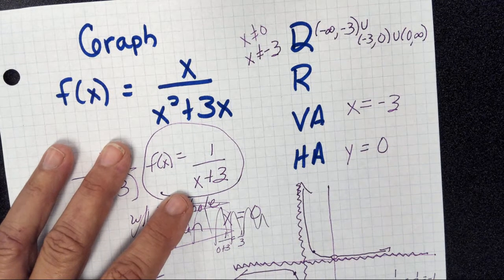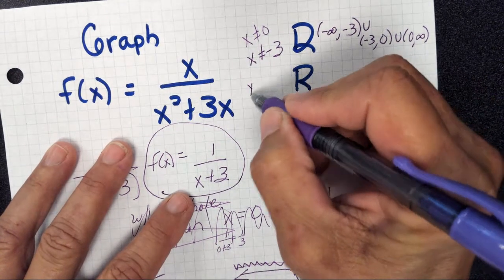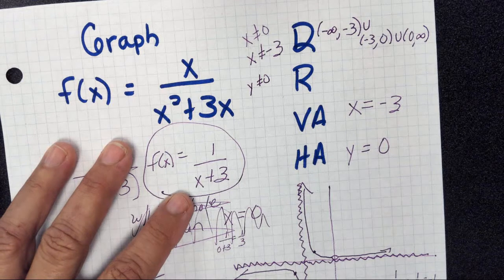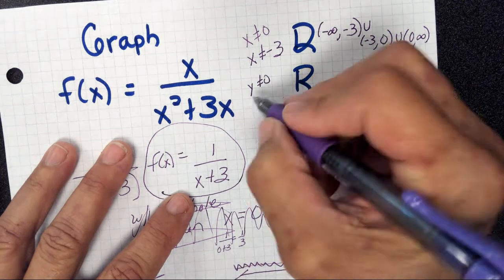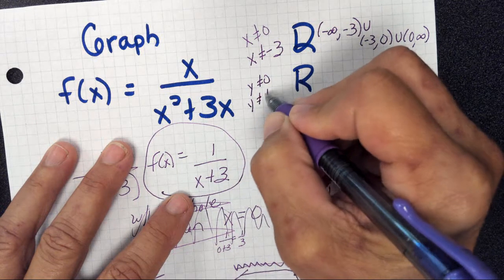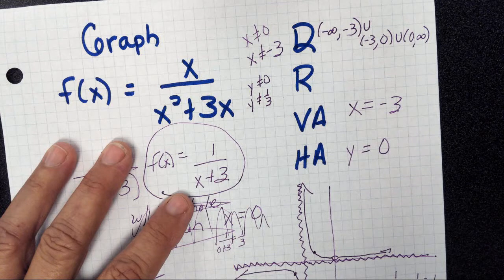Look at your graph. What are the y values that it can't be? Can't be 0, so y can't equal 0. Where else is it removed? 1/3. Y cannot equal 1/3, because at that point it is a hole. Okay?